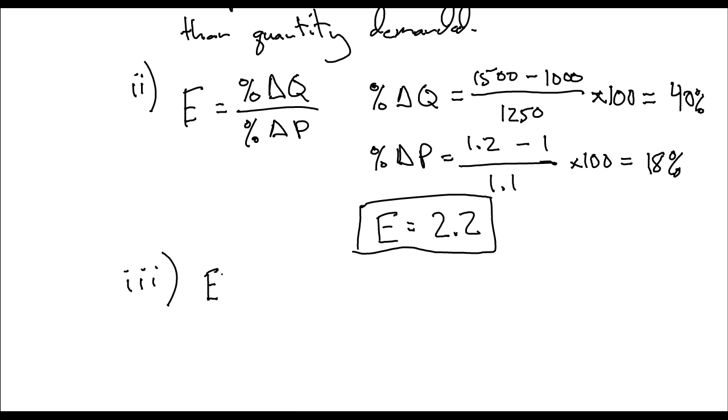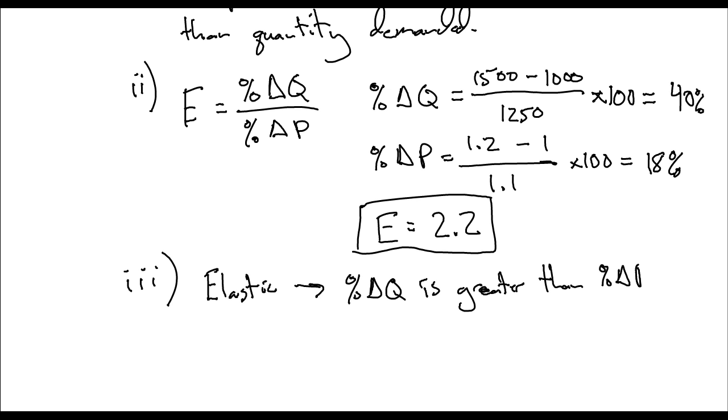Elastic, because the percent change in quantity is greater than the percent change in price. We had a big change in the quantity for a small change in the price. That's our definition of elastic.